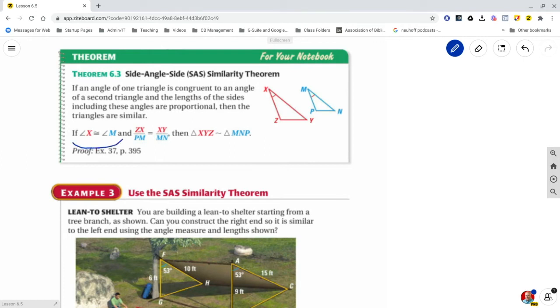So in this case, angle X is going to be equal to angle M, and now ZX to PM has to have the same ratio as XY to MN. If this is true, and the angles are equal, then I know that the triangles are going to be similar as well.